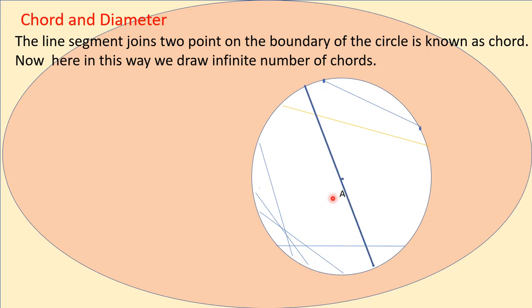Now let's see what the line segment will be which passes through the center when we draw chords by joining two points on the boundary. When the line segment passes through the center of the circle while joining the two endpoints on the boundary of the circle, we can say this is the longest chord.